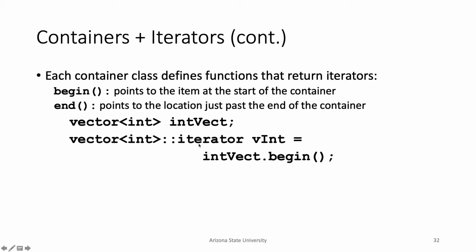So there are iterators in here, but don't use iterators directly. Use them indirectly with auto or the range-based for loop. Don't write them directly, because it's just going to be a world of pain.